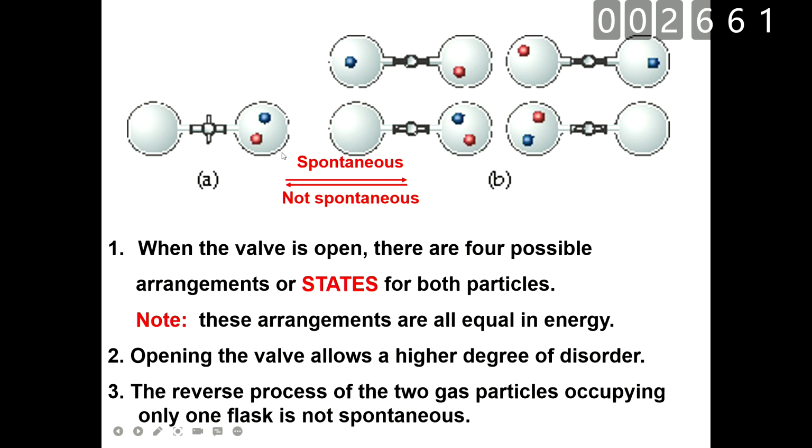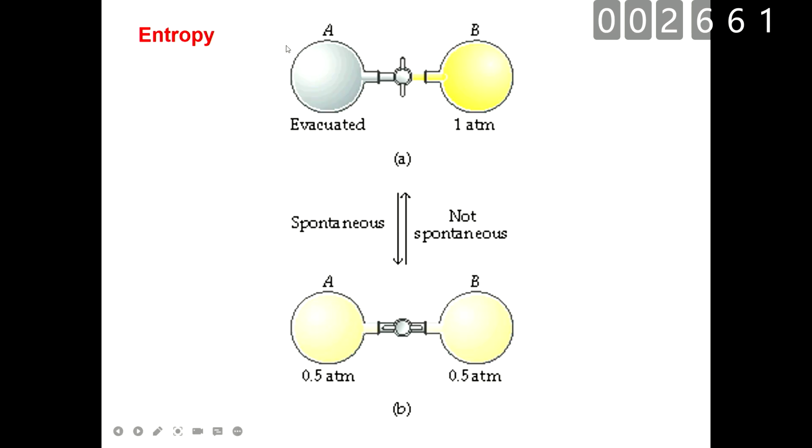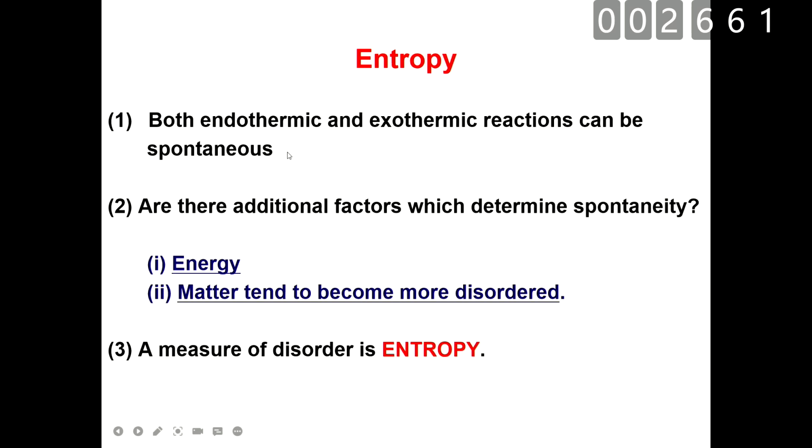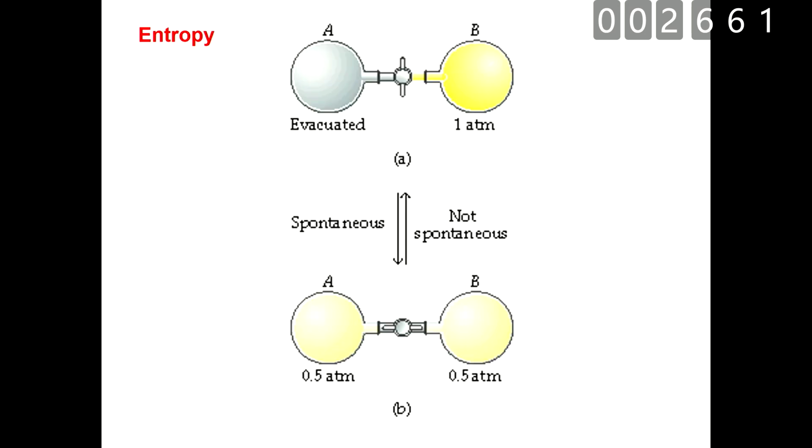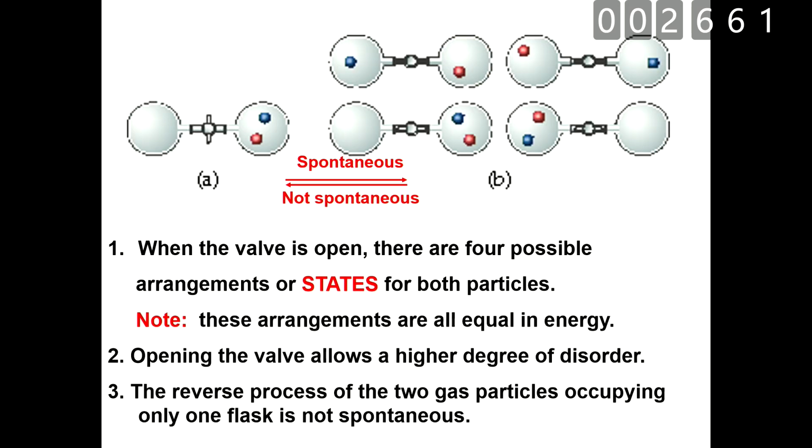Now how to explain this process? Now we introduce the disorder and the entropy, and also spontaneous or not. So why from left to right is spontaneous and from right to left is not spontaneous?